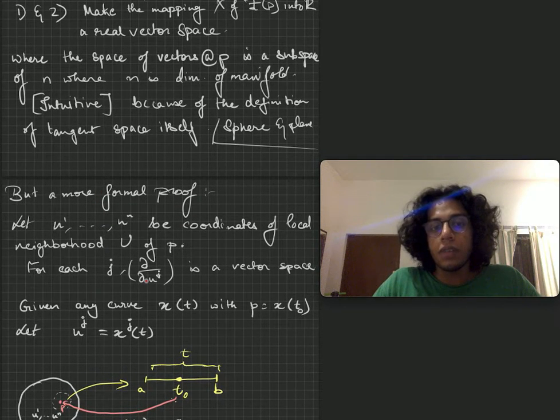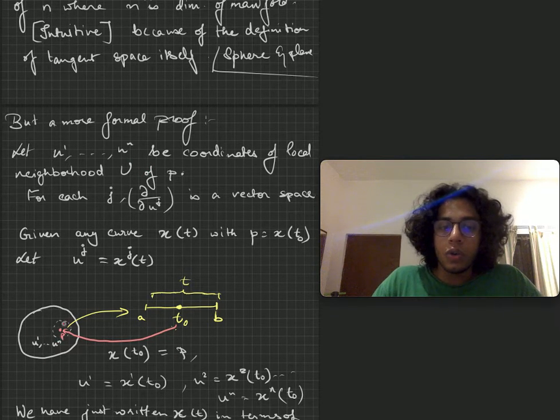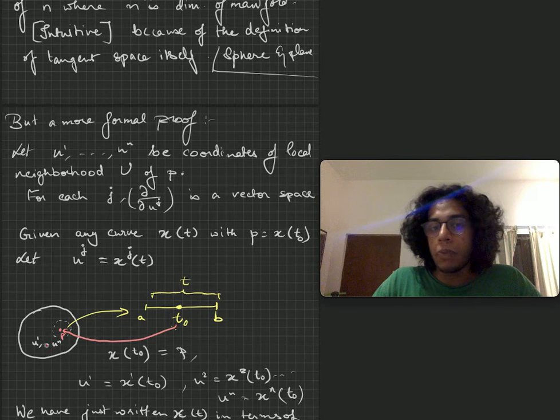So you prove that your basis u1 to un is enough and sufficient to set up a complete basis, or a complete space of all the vectors dou by dou uj, right?